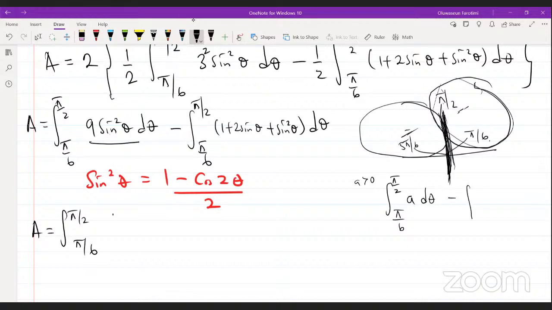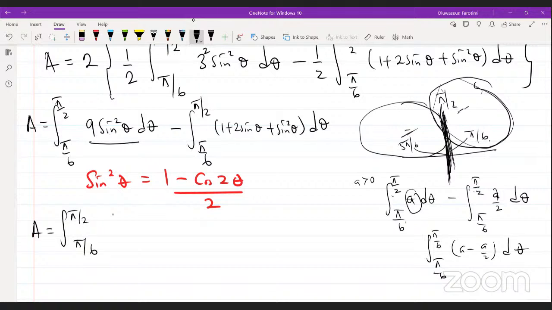Let's say minus, just call this pi over 6, pi over 2. Let's say you have a over 2 here, and this is a. Now, what happened, guys? They are the same bound. That means I can just combine this to have just a single bound. So this becomes something like a minus a over 2 d theta.